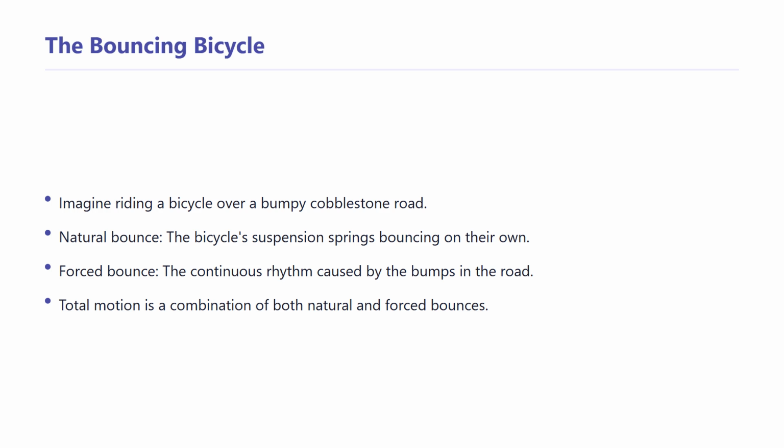However, as you ride over the cobblestones, the bumps in the road force the bicycle to bounce in a specific, continuous rhythm that matches the surface of the road. The total bouncing motion you feel is actually a combination of two different things: the bicycle's own natural bounce and the forced bounce caused by the road. In physics, we separate these two behaviors to understand the whole system.